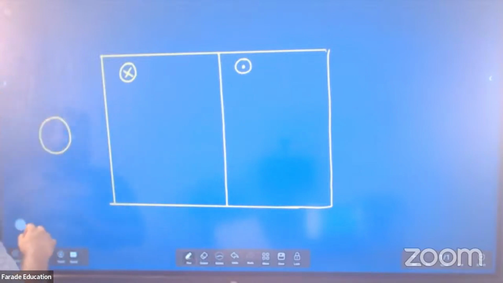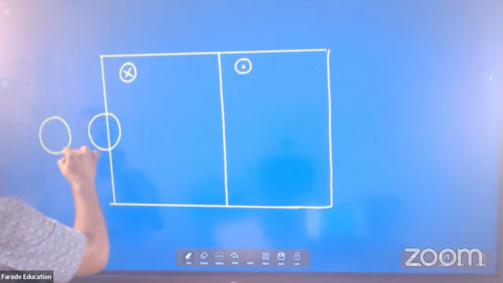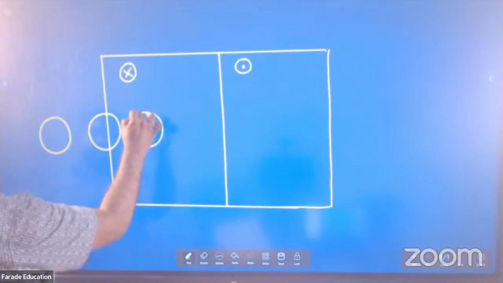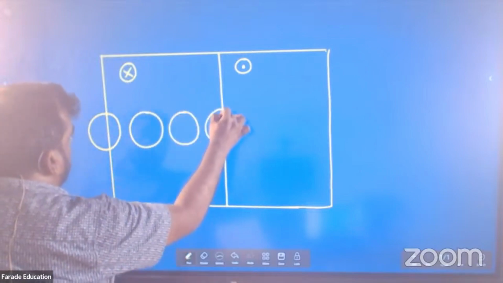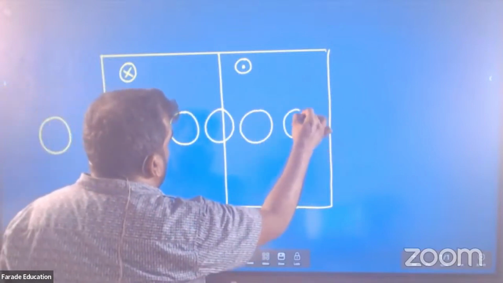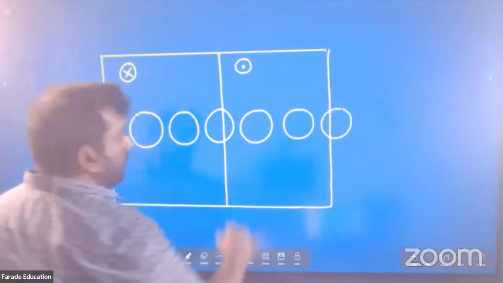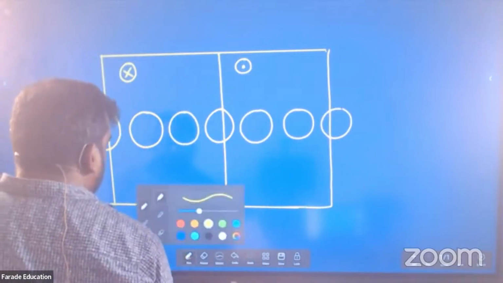Complete loop outside. Slowly the loop enters. Complete loop inside. Part of the loop goes outside. Complete loop there, complete loop here. Complete loop coming out. Look at this carefully.